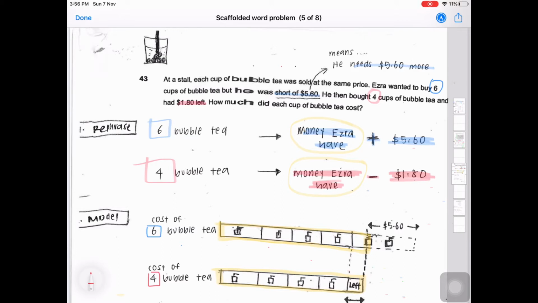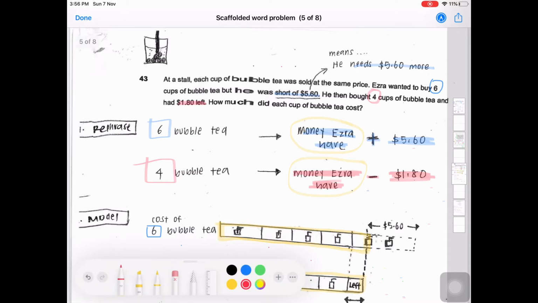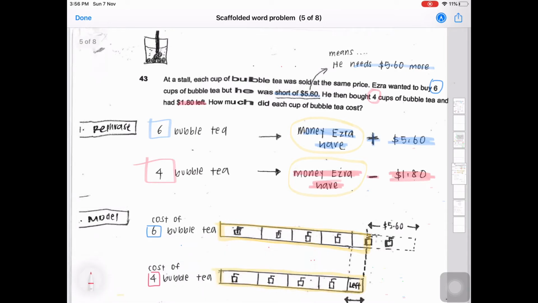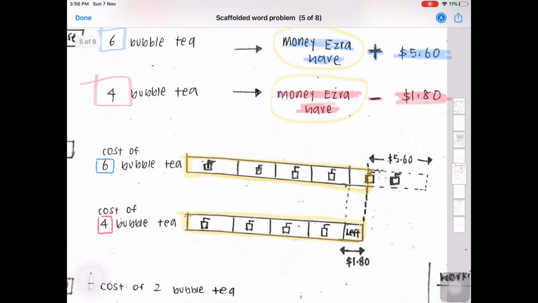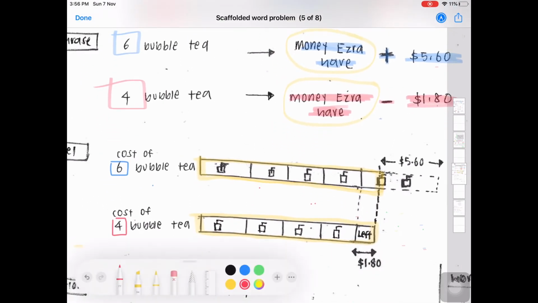Let's look at the cost of 6 bubble tea. We know that he is not able to afford the 6 cups of bubble tea, while he is able to afford 4 cups. He needs another $5.60, right, to be able to buy 6 cups of bubble tea.